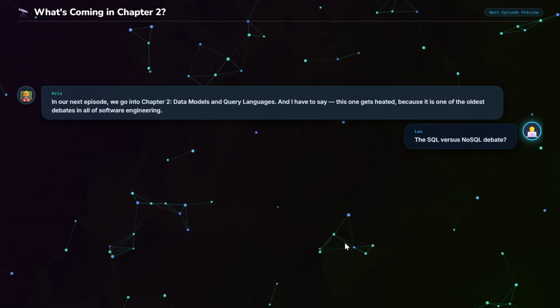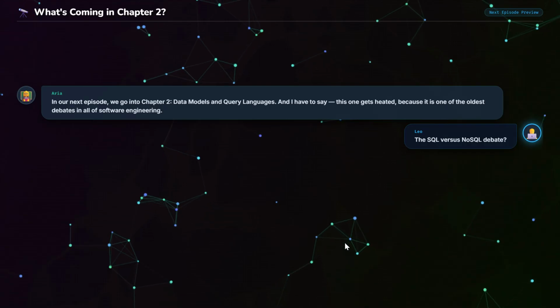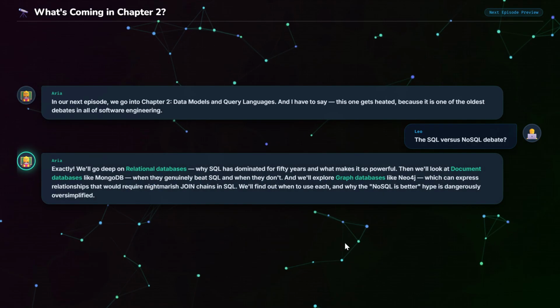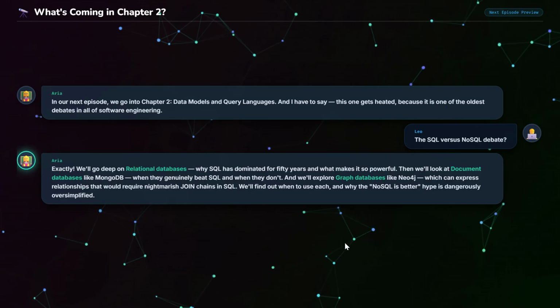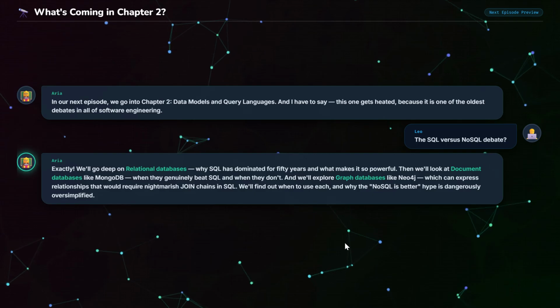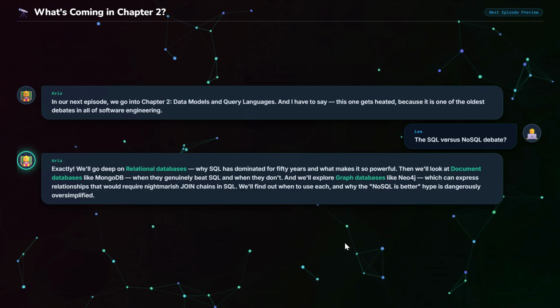The SQL versus NoSQL debate. Yes. We will go deep on relational databases, why SQL has completely dominated the industry for over 50 years and what makes it so enduringly powerful.